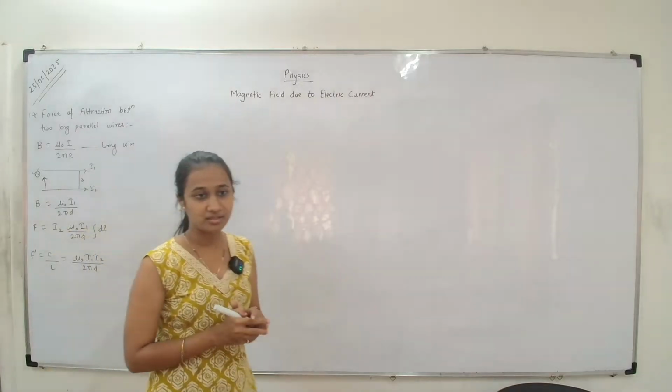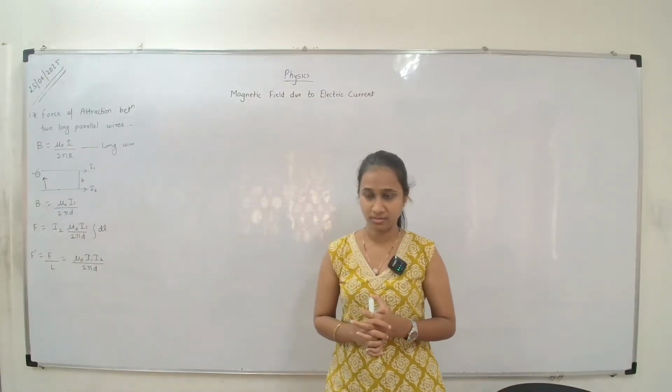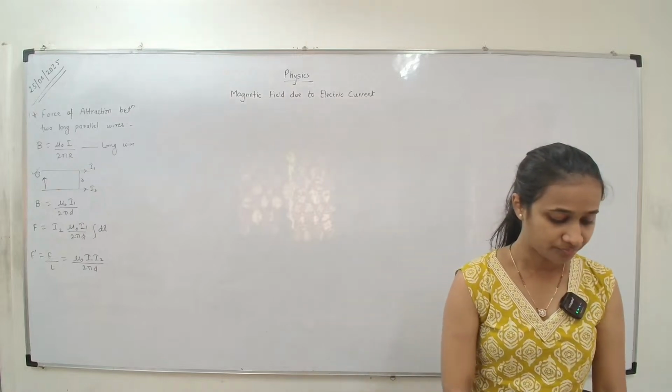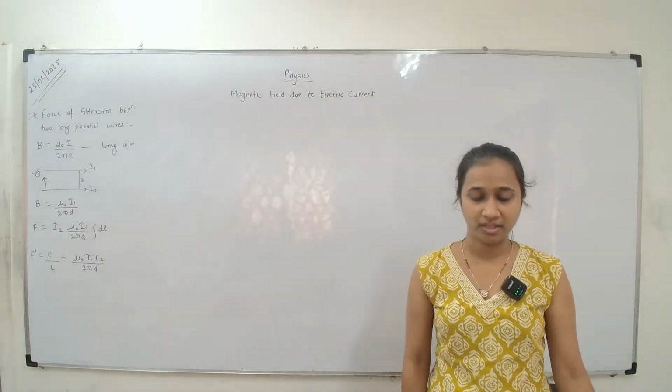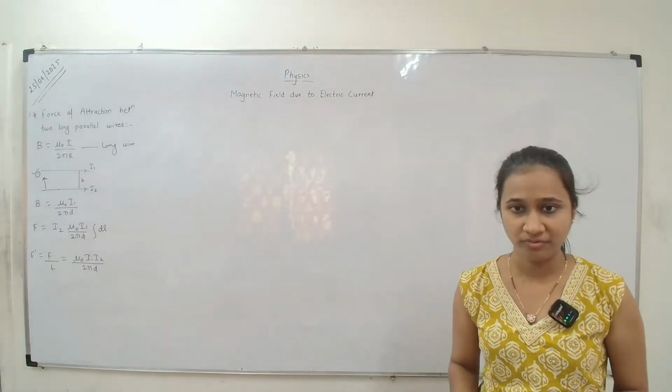Usually we will consider force per unit length because we may not know anything about the length. This is your equation 10.42. Mu naught upon 2 pi I1 I2 divided by d.